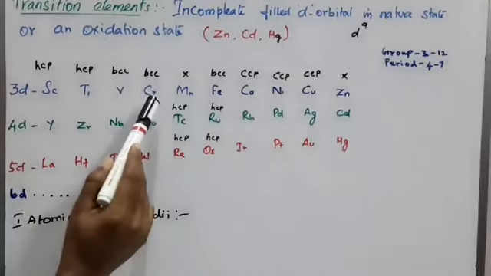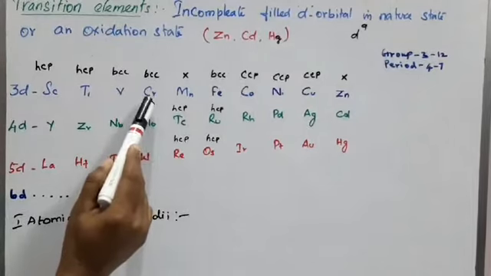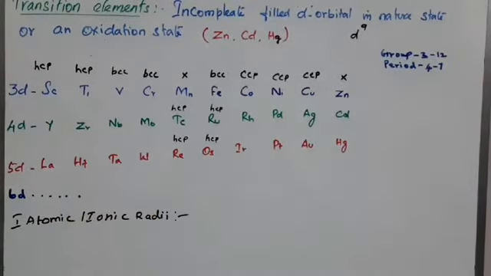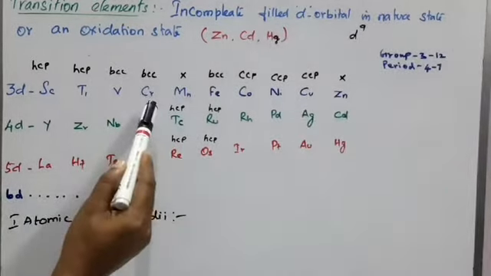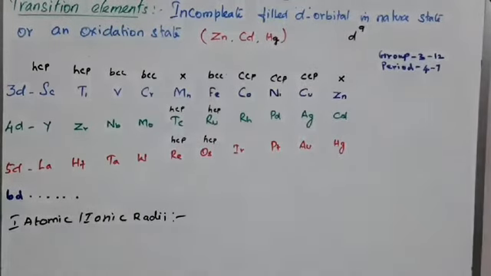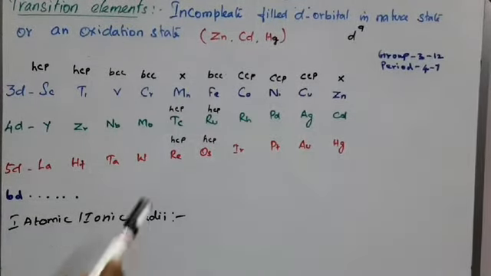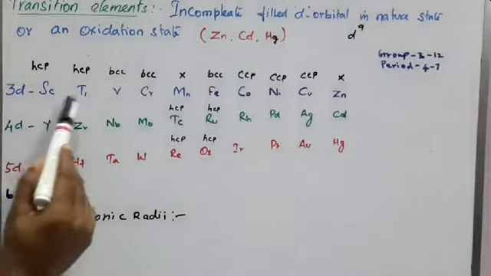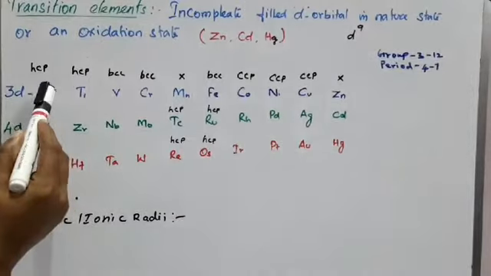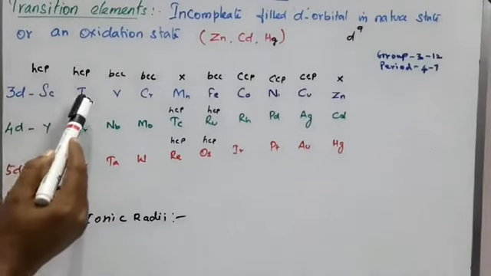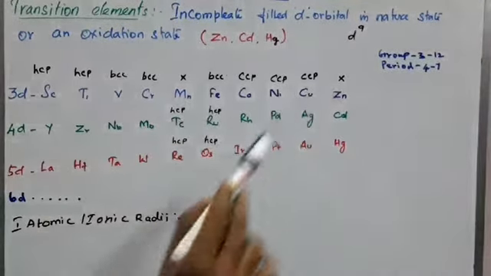Chromium is the exceptional case, because its configuration is 3d5 4s1. This is a half-filled electronic configuration. After that, why does it decrease? Because the atomic number of scandium is 21, then 22, 23, 24 and so on.